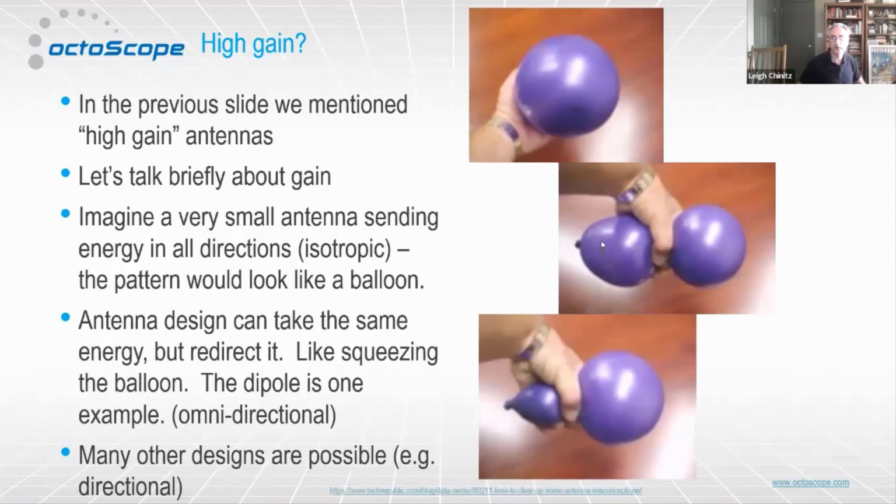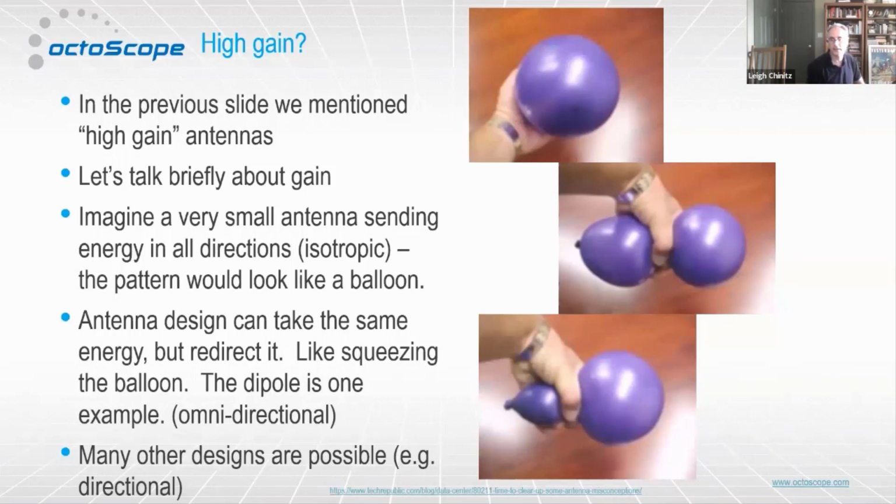For example, directional antennas. In a directional antenna, you can imagine squeezing the balloon so that all of the energy is going out, in this example, to the right of this picture. So if you were on the right-hand side of this slide, you would have quite good reception from this antenna.